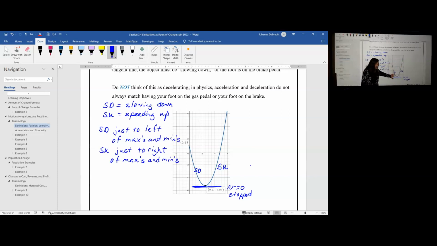When we look at this graph and we want to talk about acceleration, notice that the graph is cupped up. Remember that we call this curvature of the graph concavity. When it is cupped up like a cup, we say it is concave up.